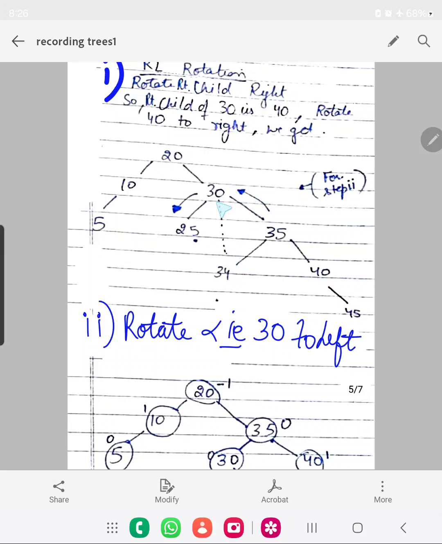But now 30 is also going to come to the left hand side of 35. So what will happen? Since 30 is going to move to the left, this particular edge is going to come to the left of 35. So 34 will become the right of 30. Look here.